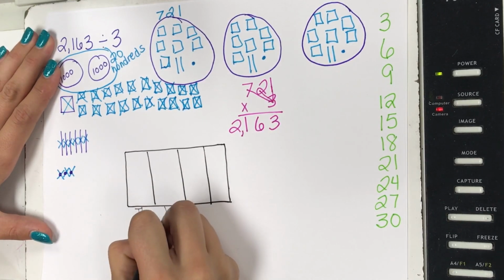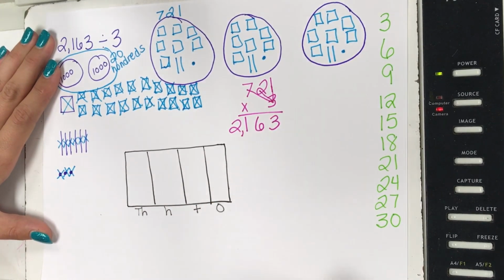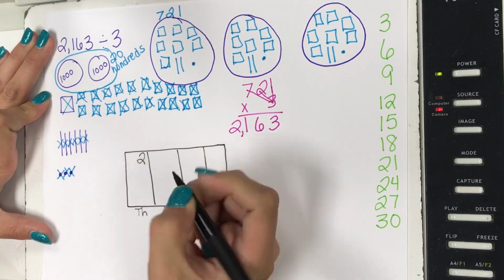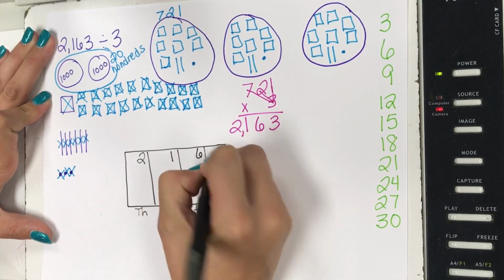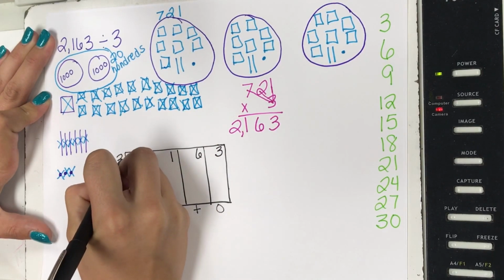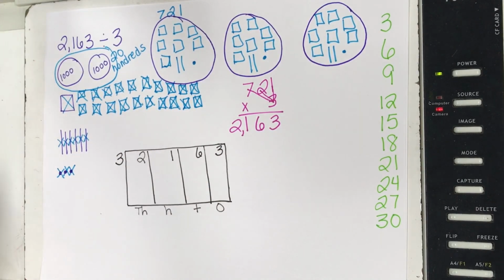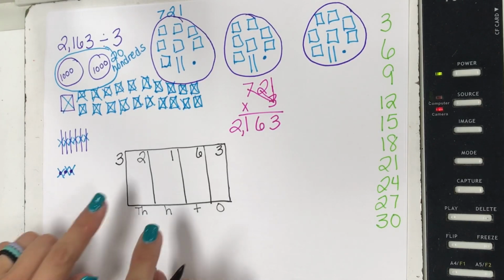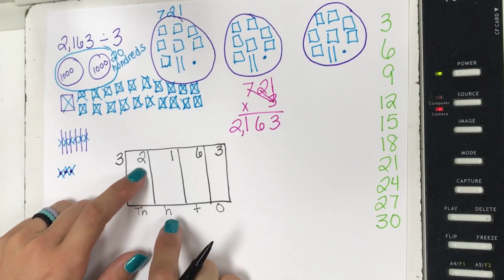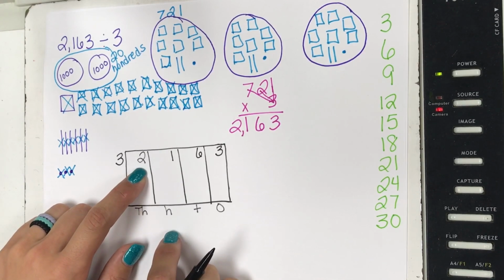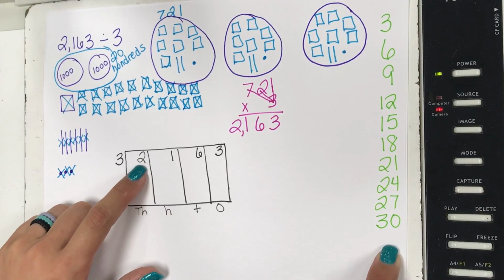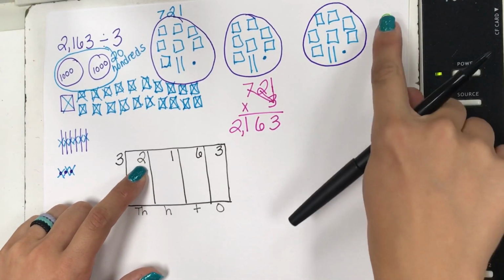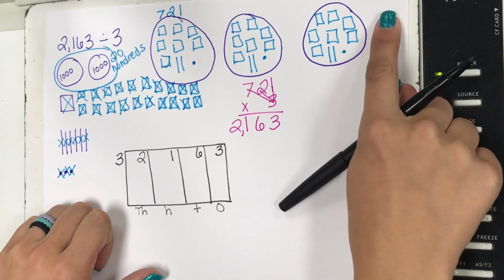So, thousands, hundreds, tens, ones. I have 2 thousands, 1 hundred, 6 tens, 3 ones, divided by 3. So, if I have 2 thousands, the first multiple that's bigger than 2 is what? 3.